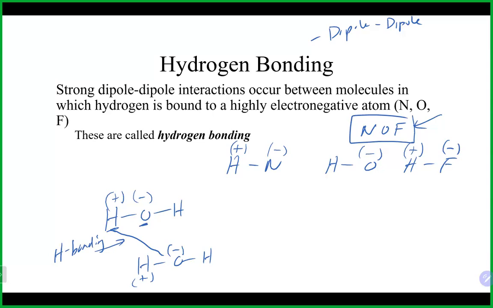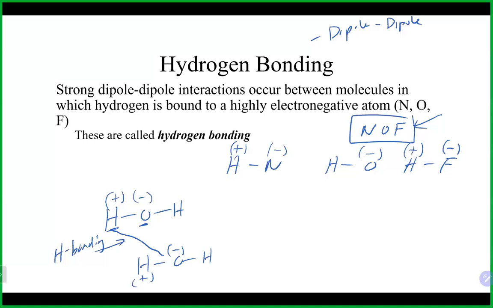Earlier we were talking about how intermolecular forces can affect things like melting point and boiling point. If something has the ability to hydrogen bond, you're probably going to have a pretty high boiling point and melting point because of that. This is what I was talking about earlier.